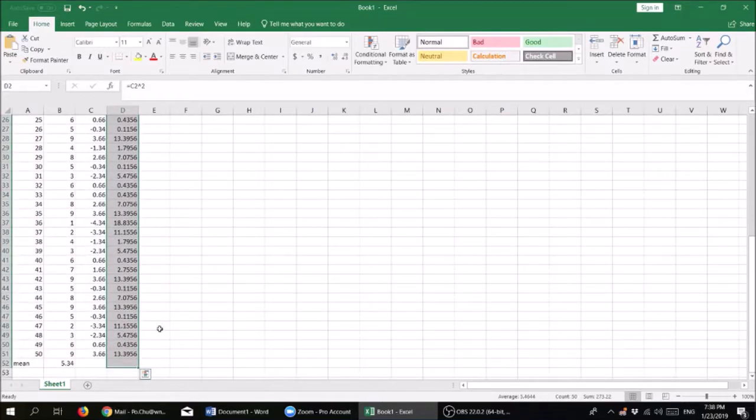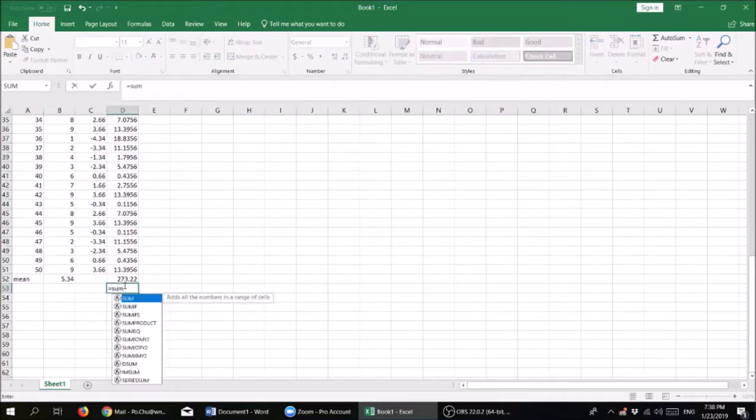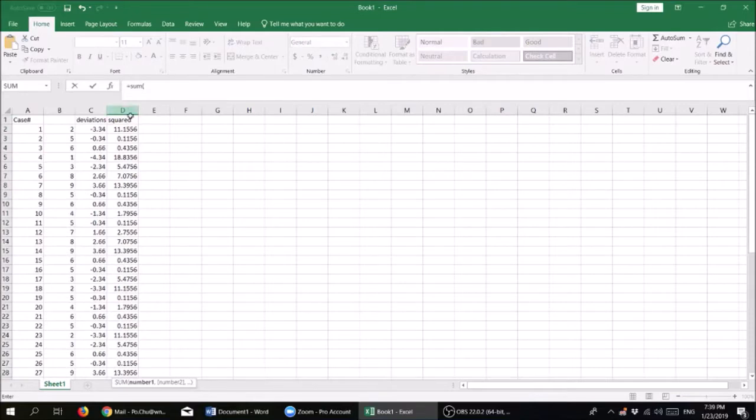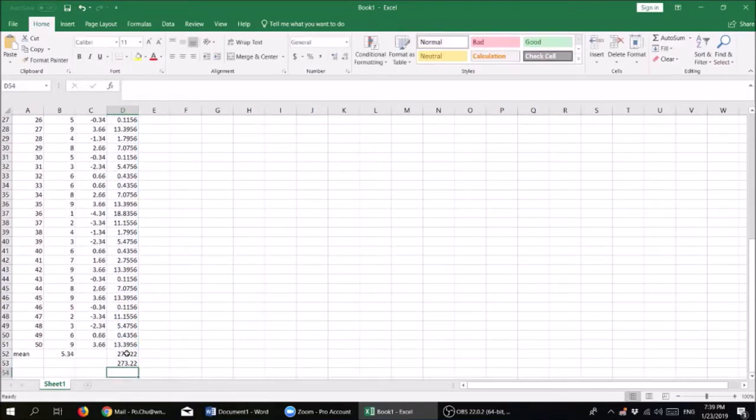All you need to do is select the whole set and then one extra cell, and then you go to auto sum. Or you can use the function of sum and then select the whole thing. Either way it's the same thing. And then this is the sum of square.